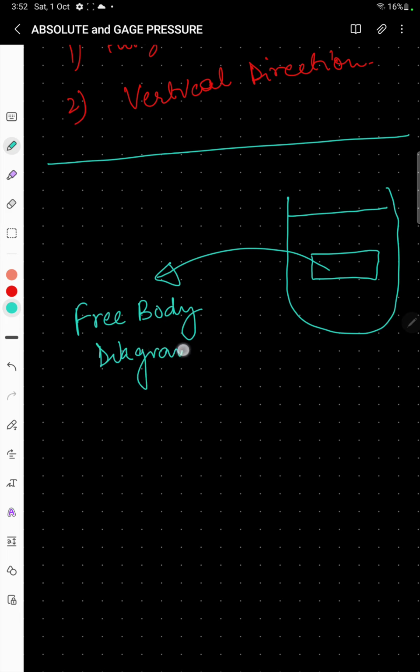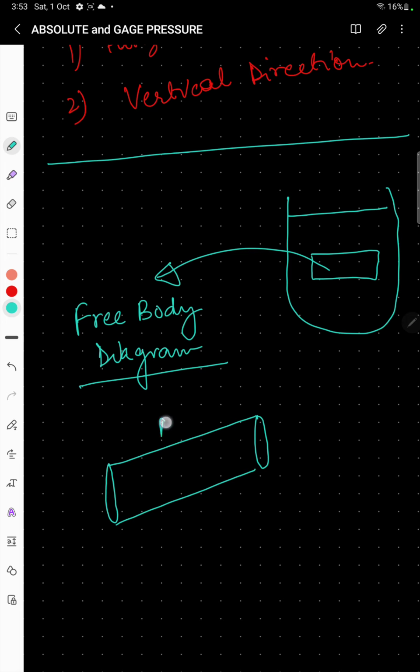Let's take an element, which I am intentionally making inclined so that you can understand. I am taking an element which has a length of delta y.